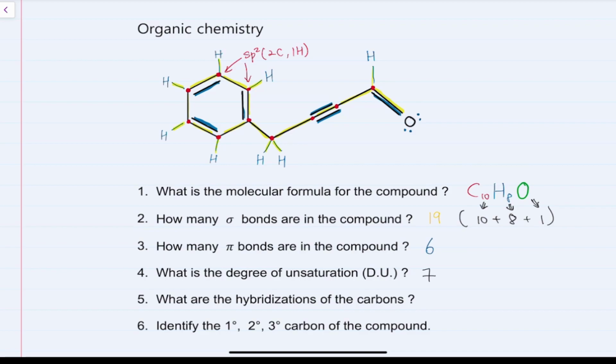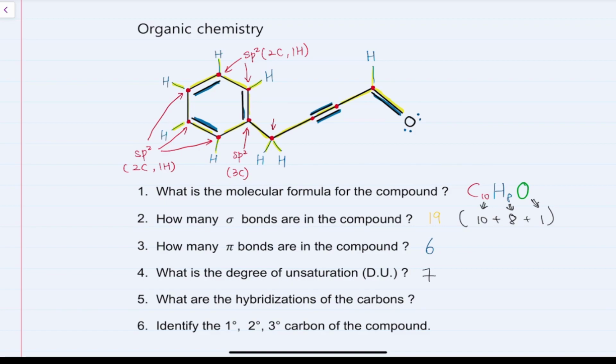Same for these 3 carbons, that they are also connected to 2 carbons and 1 hydrogen. For this carbon on the ring, it is sp2 hybridization, but this connects to 3 carbons.